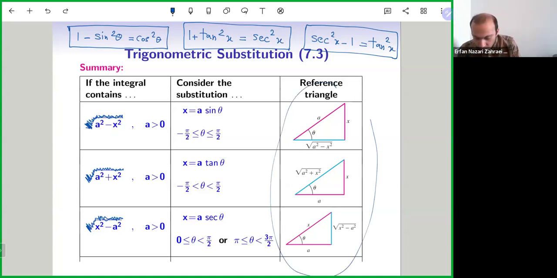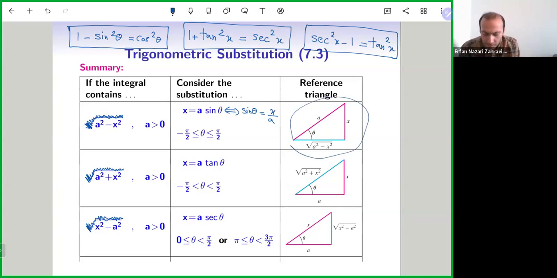This is where it comes in helpful. This reference triangle is very simple. It's coming from this. Actually, it's better to view it as the way that I found it. This is the same as x over a is sine theta. Let me write it as sine theta, it's x over a.